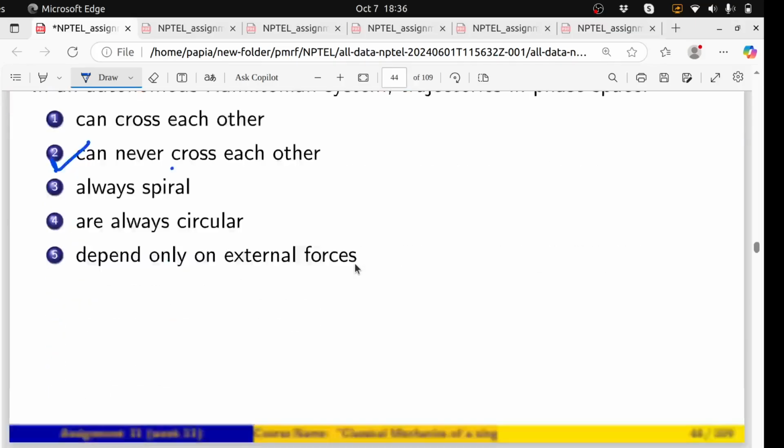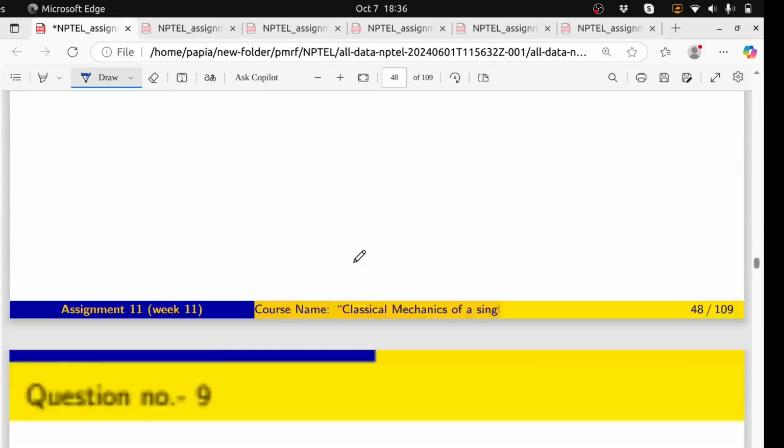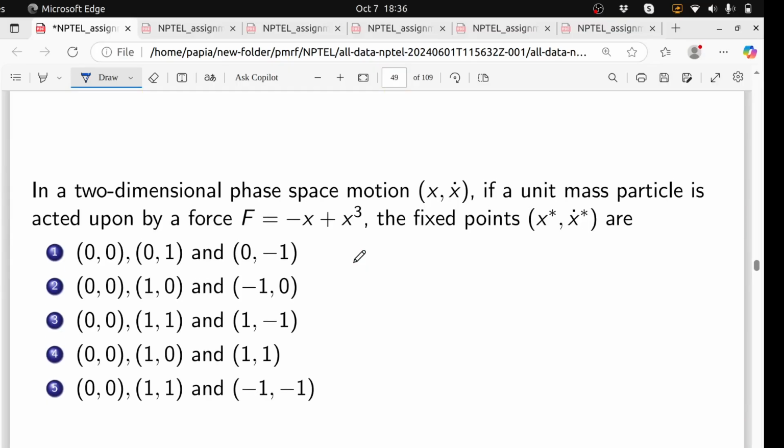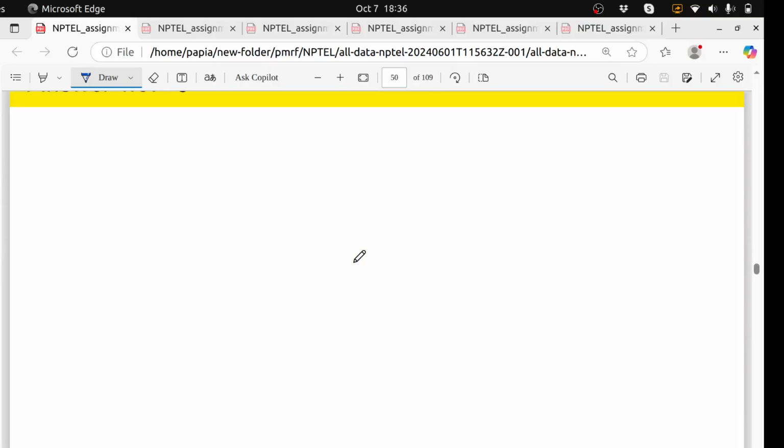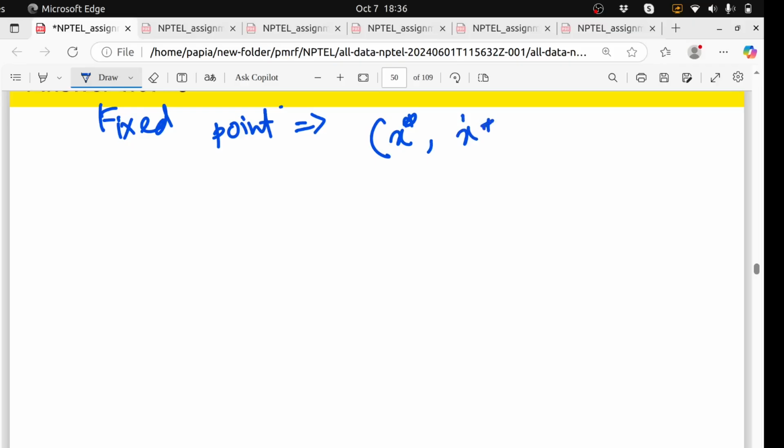Okay. Now coming to the 9th question. In a two-dimensional phase space motion, x, x dot, if a unit mass particle is acted upon by a force, the fixed points x star, x dot star are? So the fixed point is going to be represented as x star, x dot star.